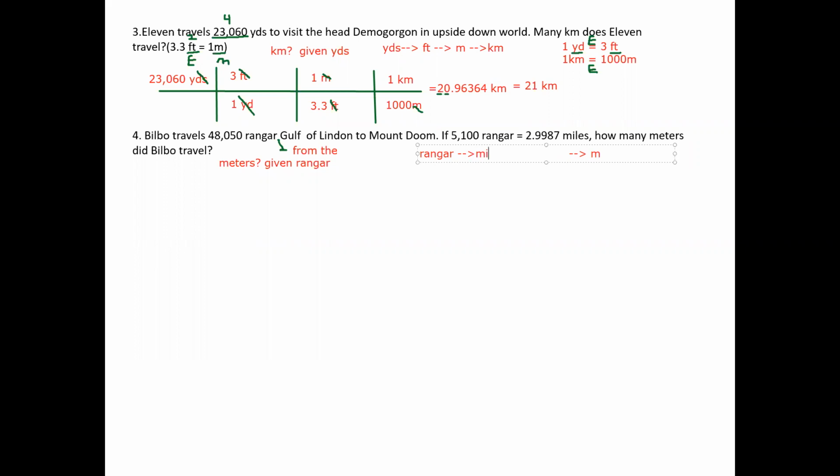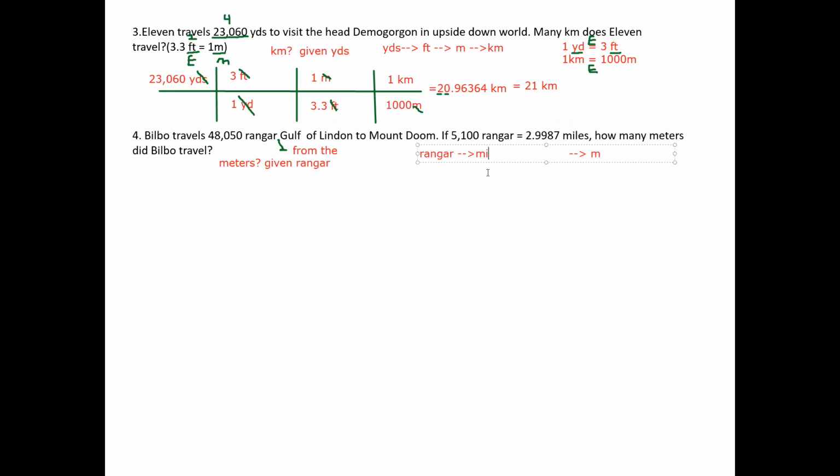And so from Rangar, we can go to miles. Next, we need to know, can we go from miles to meters? So if you know how many meters are in a mile, we can go directly from miles to meters. Or if you don't know how many meters in a mile, maybe you know how many kilometers in a mile, and then you can go to meters.